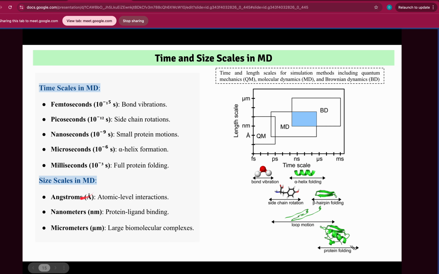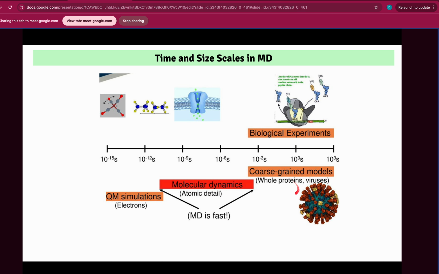And then size. If you want to study atomic level interactions, then the size is at the level of angstroms. For protein-ligand binding, the size is at the level of nanometers. And for large biomolecular complexes, the size is of micrometers. So this is about the size scale. Here I also mentioned that QM is quantum mechanics simulations at the level of electrons.